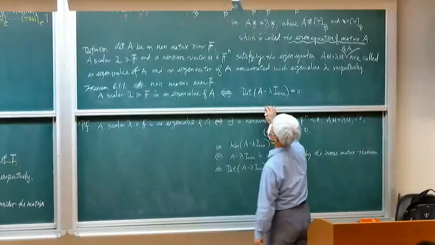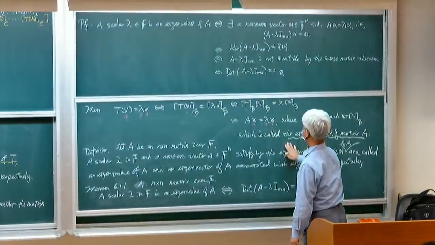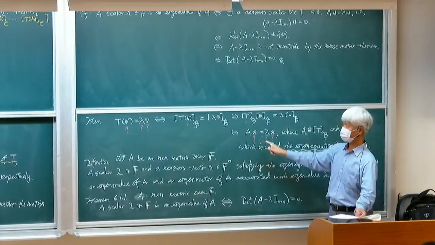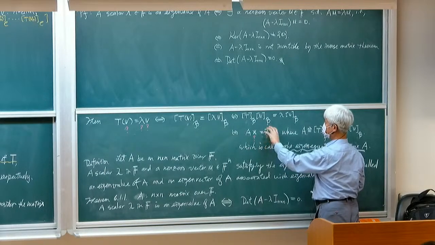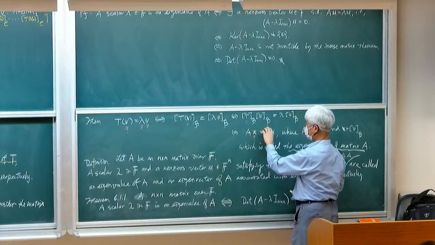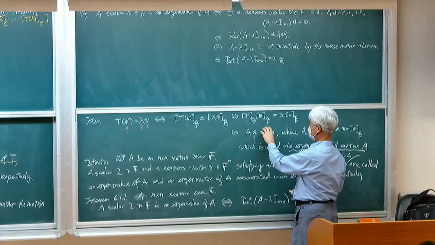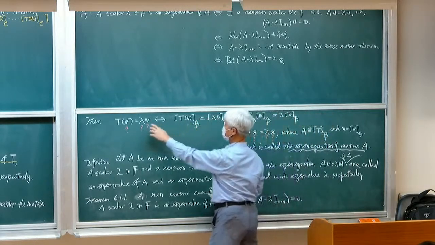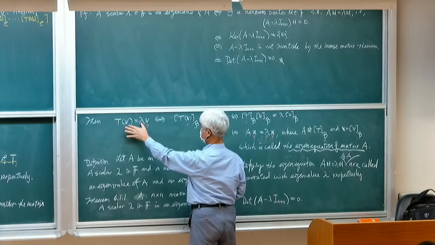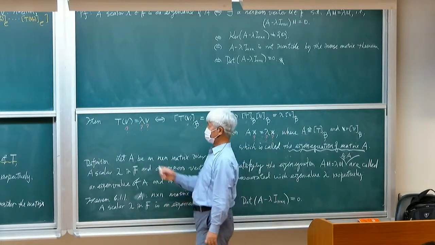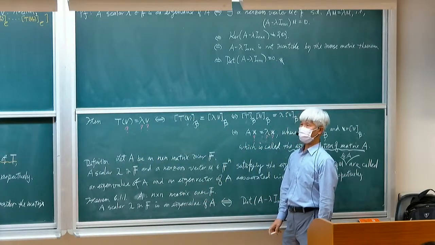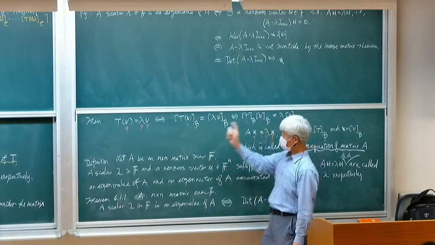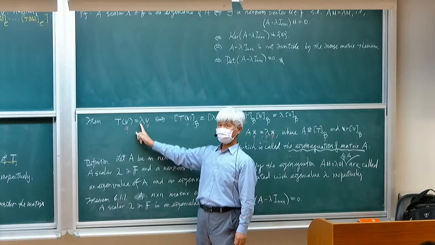We go back, we solve for lambda, and since lambda is an eigenvalue, we find that there is a lambda satisfying the eigen equation of the linear operator T. So yes, we can find the eigenvalue of linear operator T.